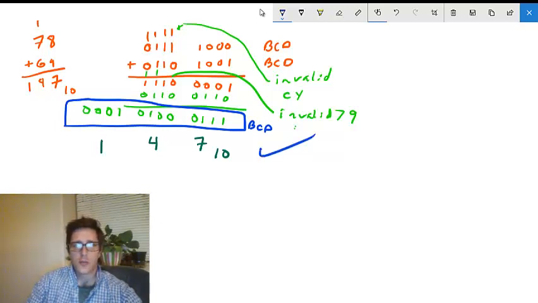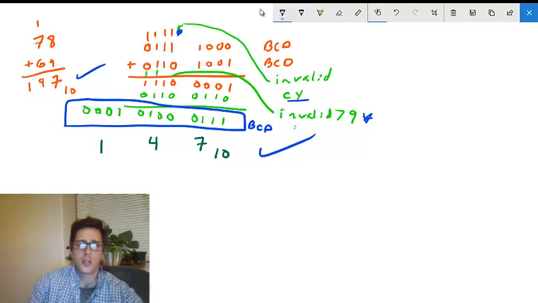Okay, so that is all of the problems that I have for us for right now. We looked at an invalid carry. This is an invalid carry right here. And we also looked at greater than 9 invalidation.